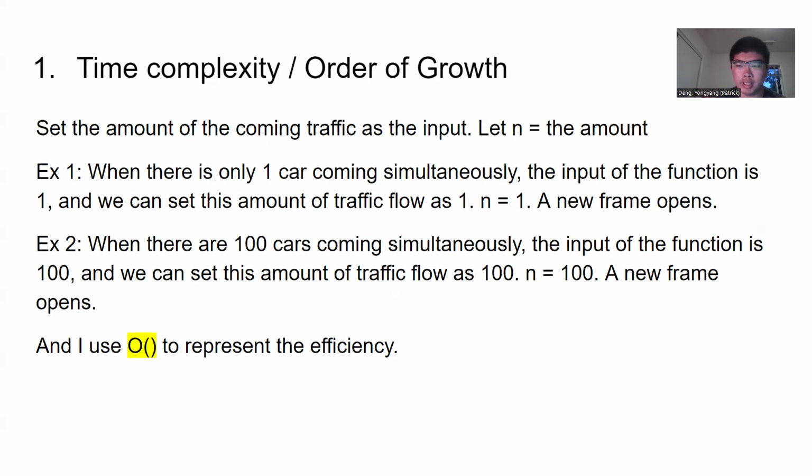Time complexity is about what their time cost is when they encounter big input, that is, the growth of their time costs, which differs. Some will increase time dramatically, some will increase time just gradually. So we are going to talk about different kinds of algorithms and different kinds of time complexity. I will use big O notation to represent the efficiency.